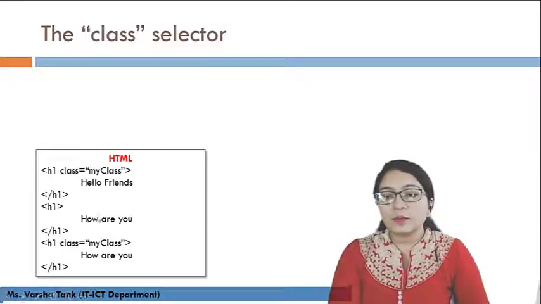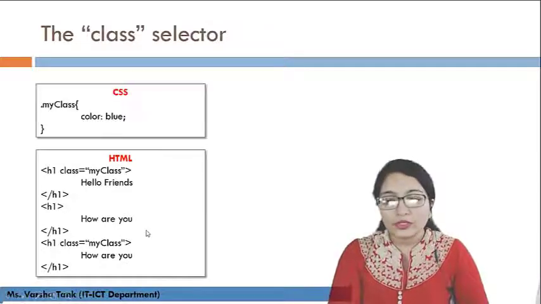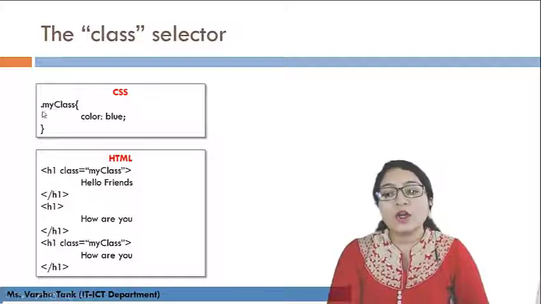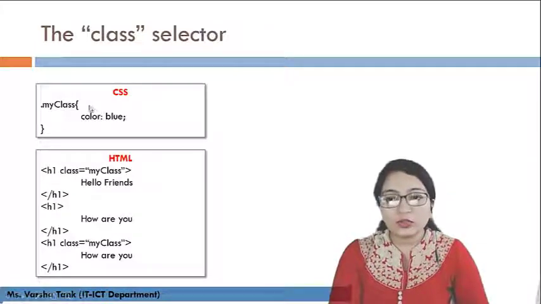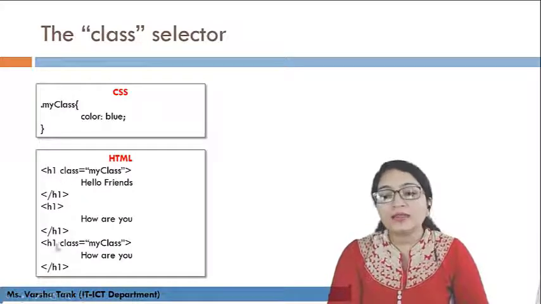So here you can see, suppose this is the HTML document in which I have assigned h1 class is equal to my class, here hello friends, in the h1 tag, and again in another h1 tag how are you, and another h1 tag class is equal to my class how are you. So let's see, here you can see dot my class color blue. So this my class color blue will be applied to this h1 tag and this h1 tag.